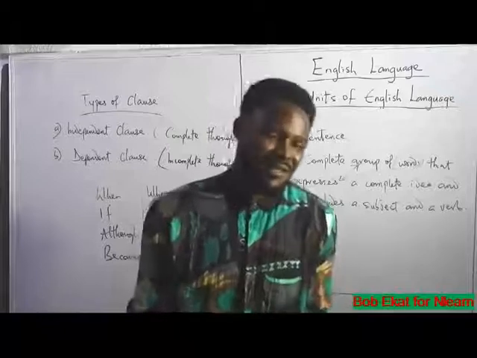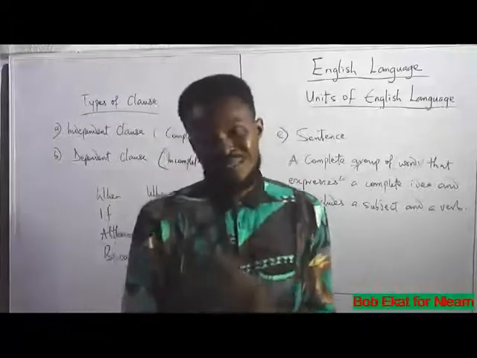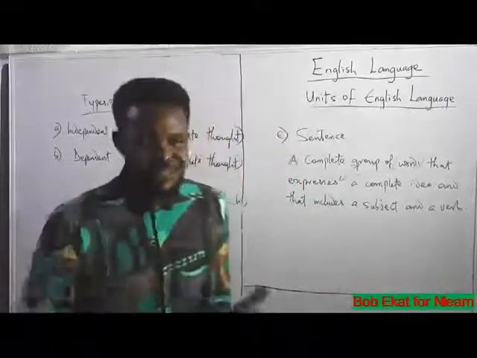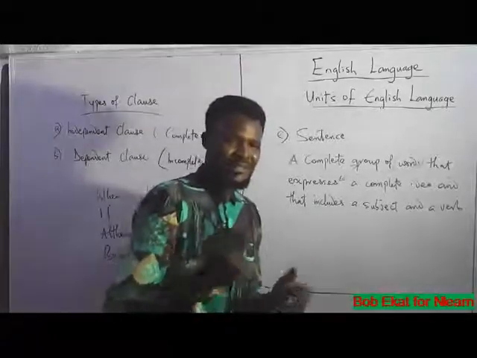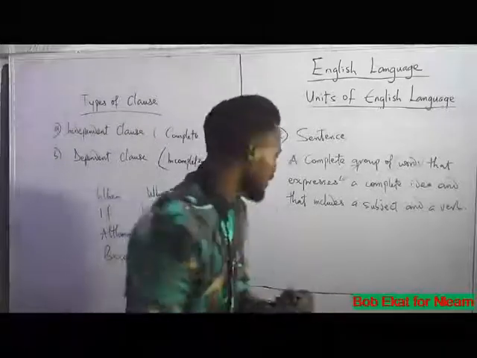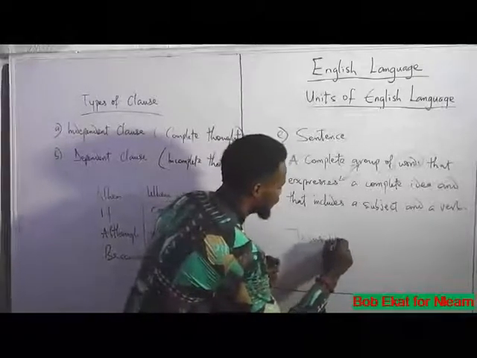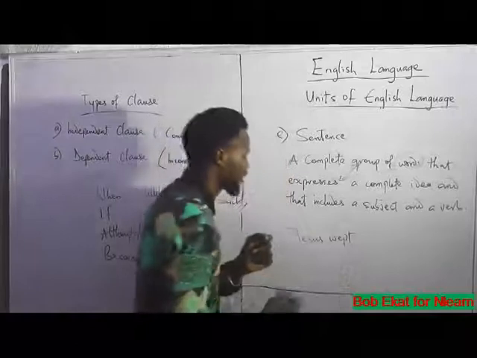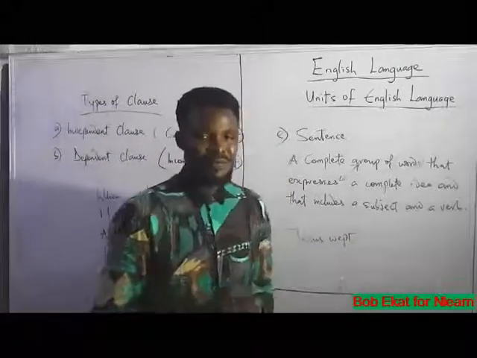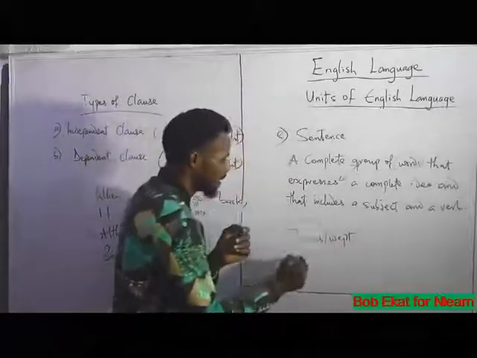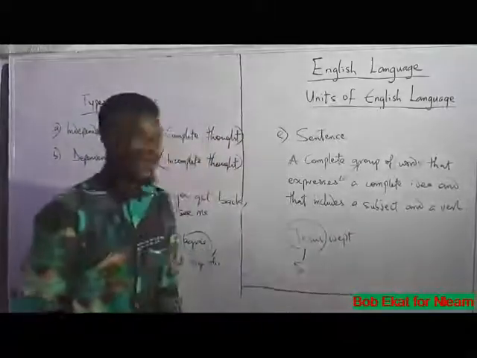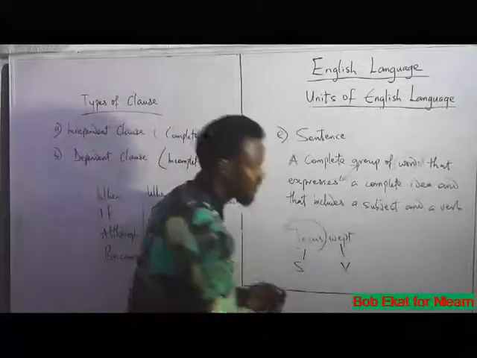Okay, maybe not a word. A sentence can be two words, like Jesus wept. You'll have heard this sentence in your Bible. Jesus wept. Jesus here is the subject and wept is the verb.